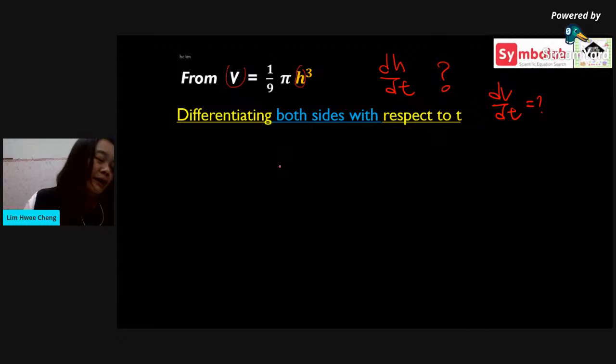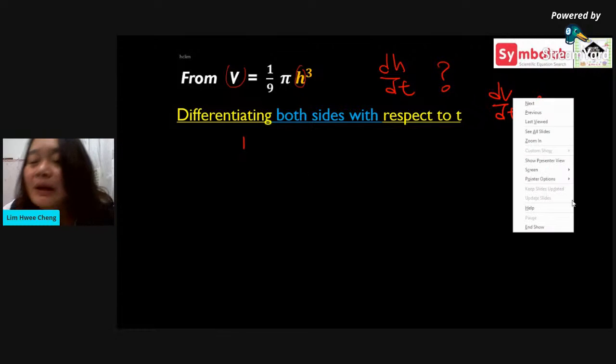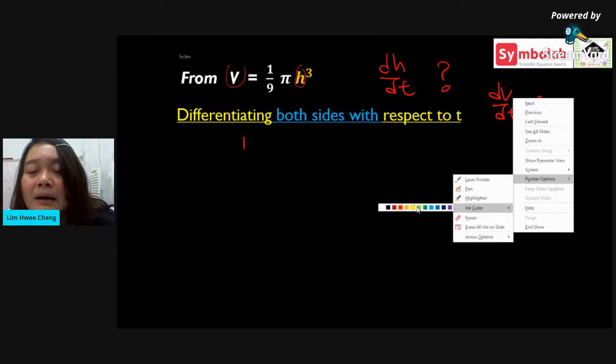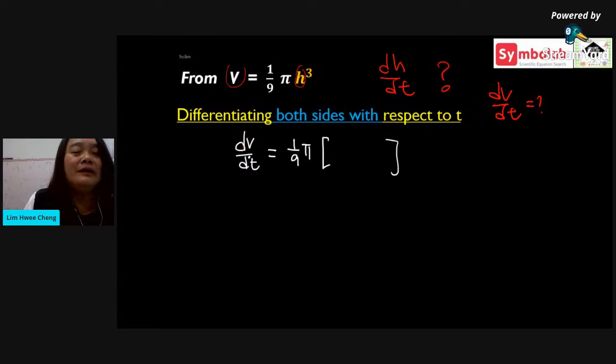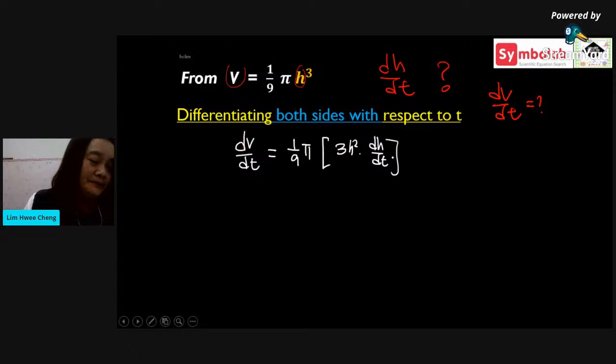So you differentiate v with respect to t, and you will get dv/dt. 1 over 9 pi is the constant. For h it is the same, h with respect to t. You differentiate h cubed with respect to h first, so you have 3h squared, multiplied with dh/dt.